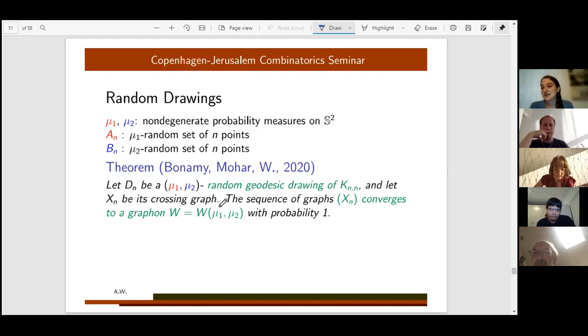But what usually is true is that we know that this graphon exists, but it's actually quite difficult to describe. So it would be really nice if there was a way to describe this one.